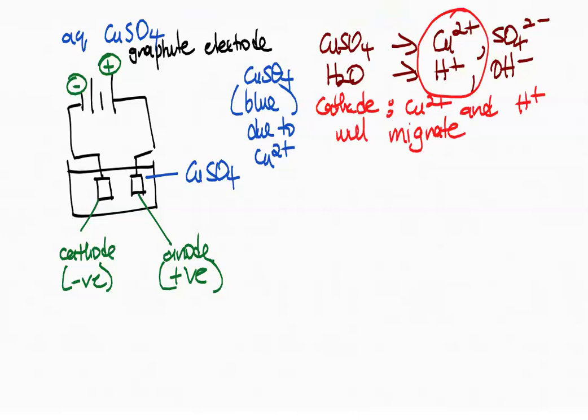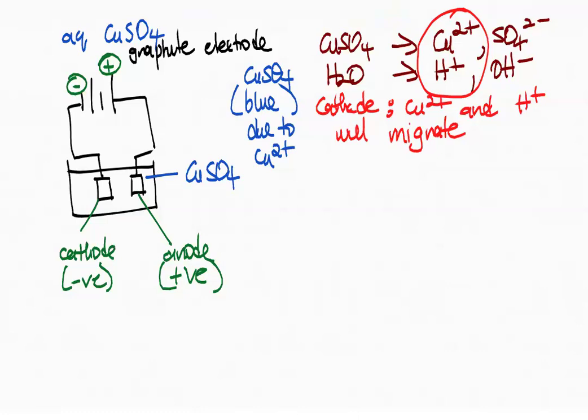Which one? Is copper lower than H plus in the series? Is copper very unstable? Yes. Copper is very unstable and it's lower than hydrogen in the electrochemical series.